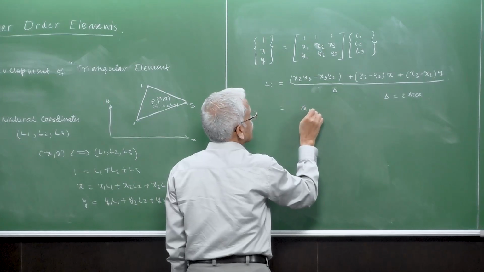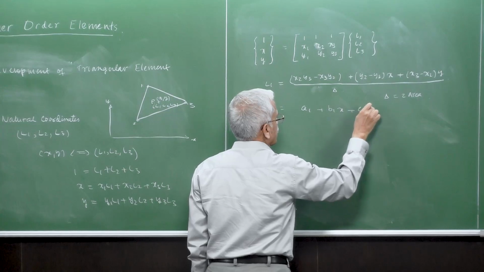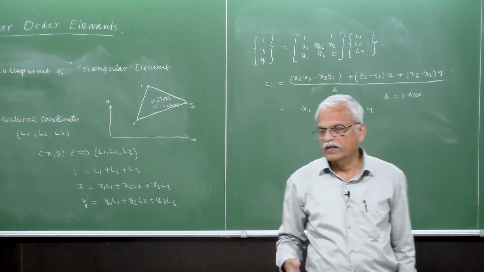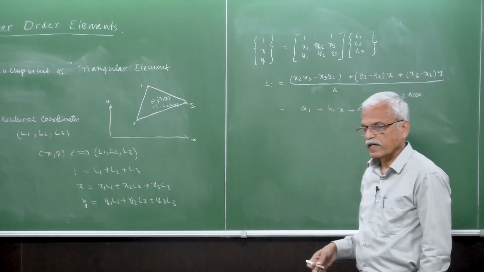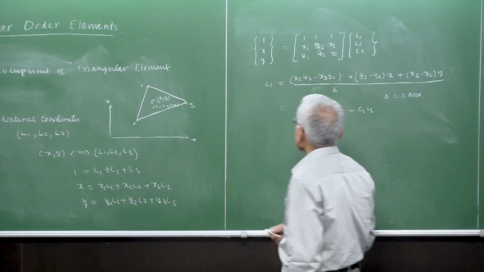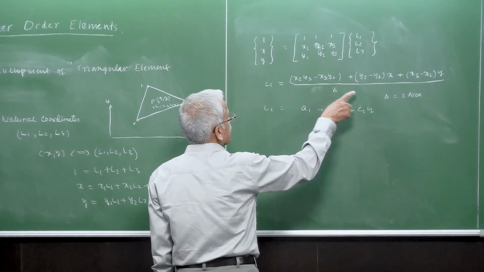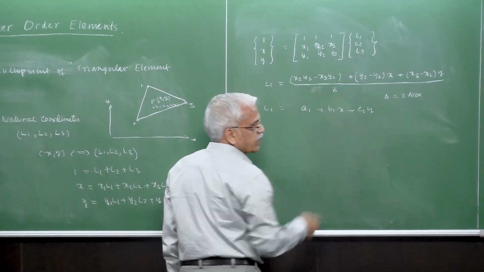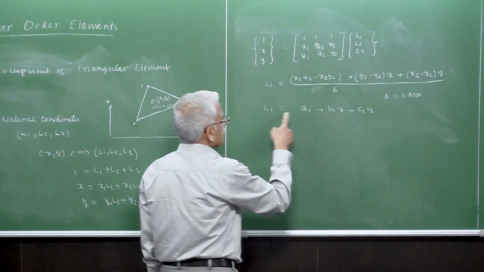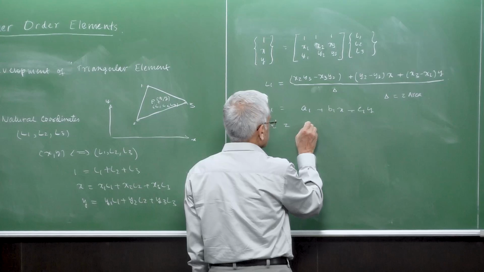So this is A1. If you recall our definition of B1 and C1, this exactly has the same form as that, so we can use that. If you know A1, B1, C1 in terms of x1, x2, x3 and any xy here, you can find out L1. Similarly L2 you can find out.